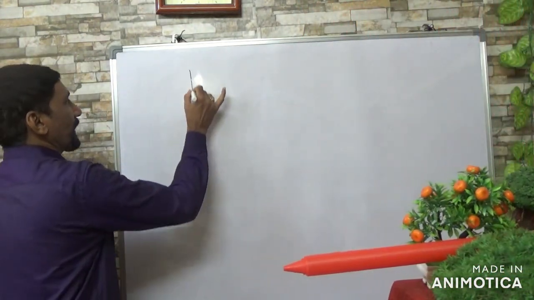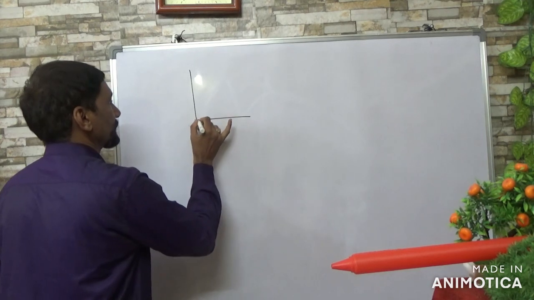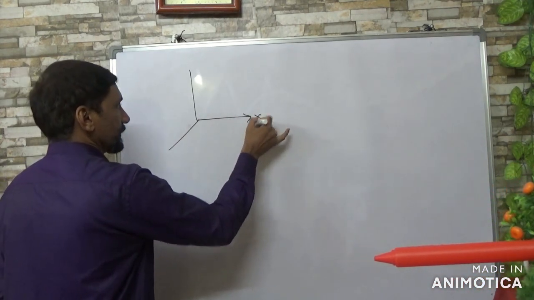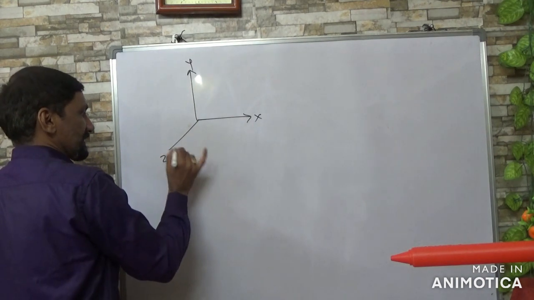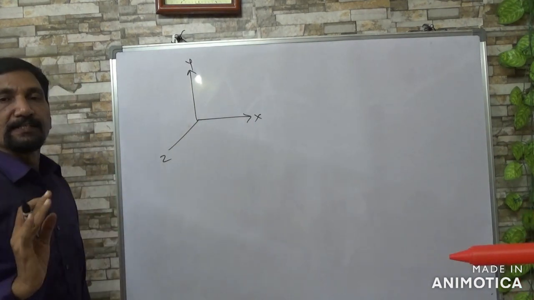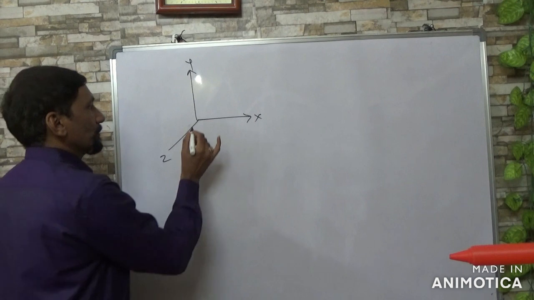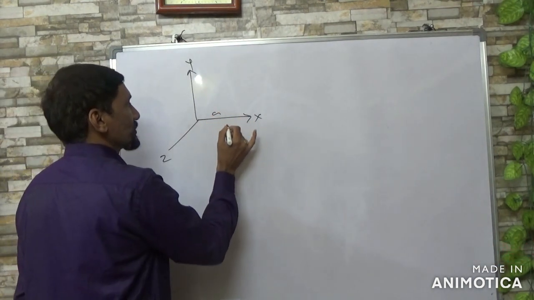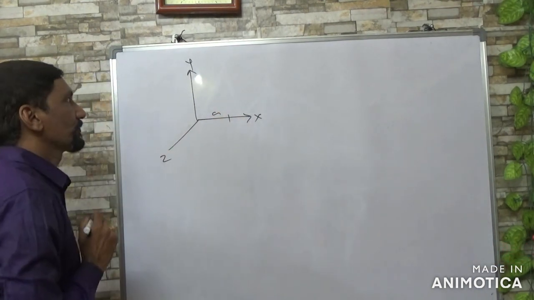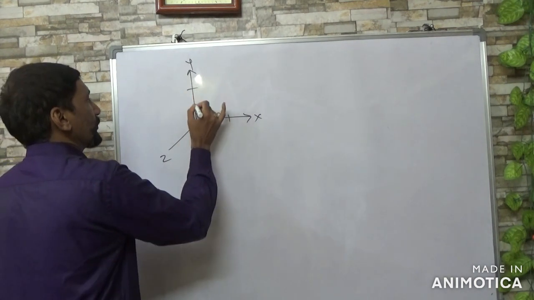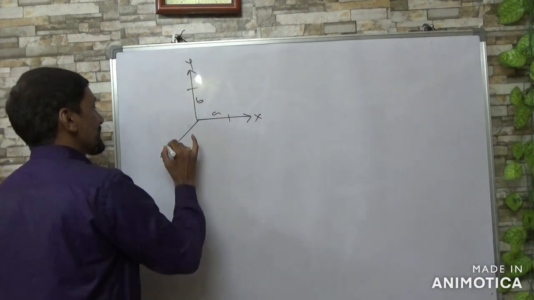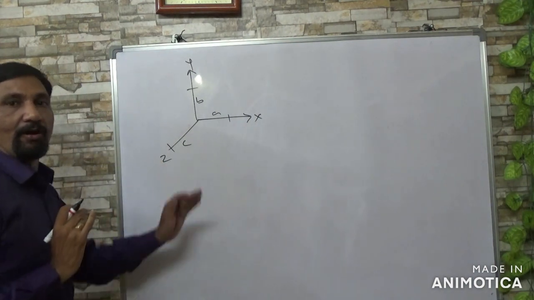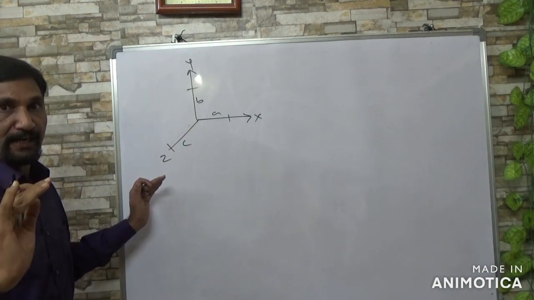Say this is the plane, x-axis, y-axis, z-axis. Say instead of 3 units, the bird covered A units along x direction, B units along y direction, C units along z direction.